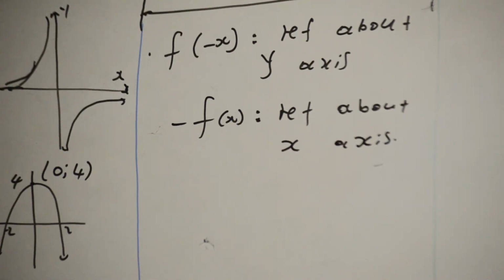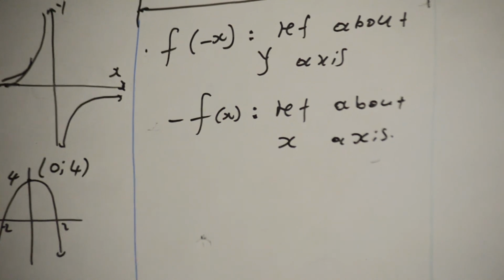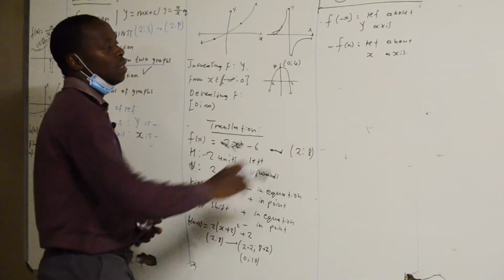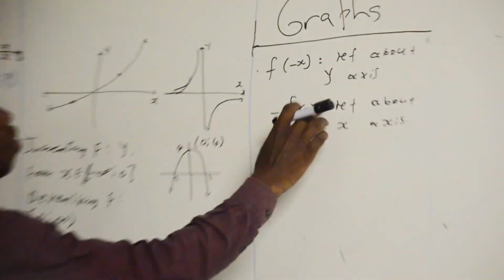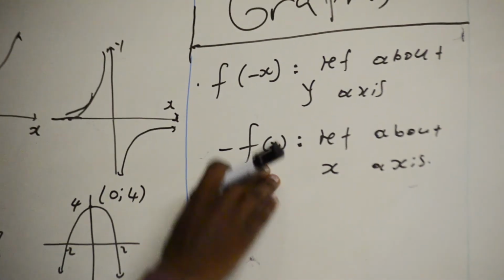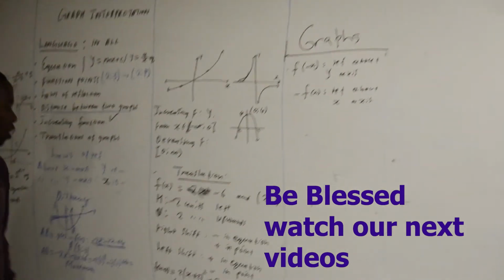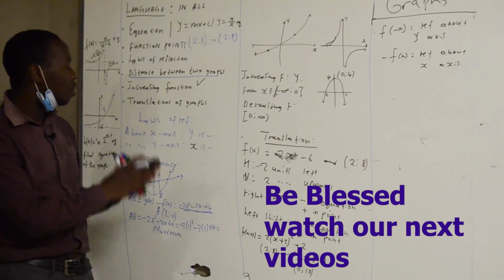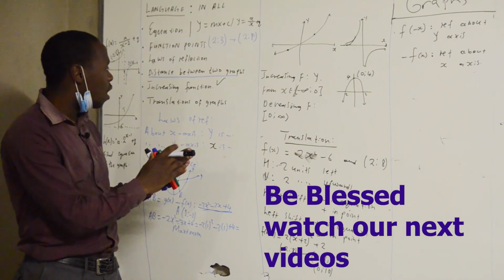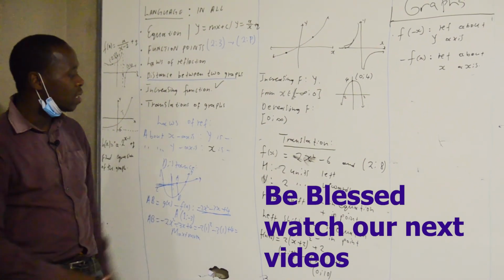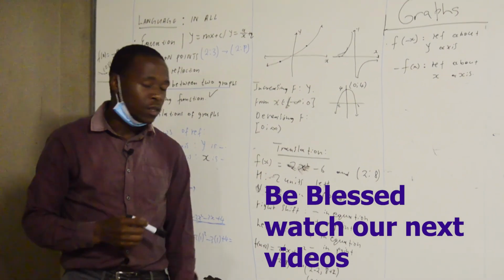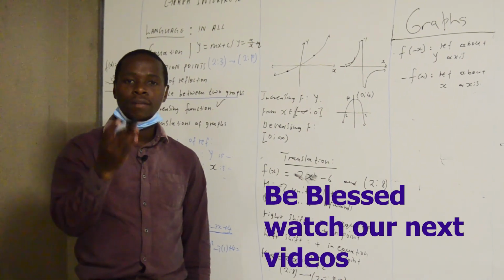So that's how it is. It also depends on which type of graph, but this is the main reason your y would be negative and your x would be negative. So that is the basic background of all this. Now we are going straight to interpretation, analyzing our graphs one by one. Thank you very much.